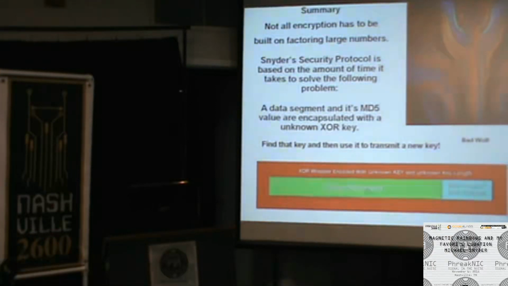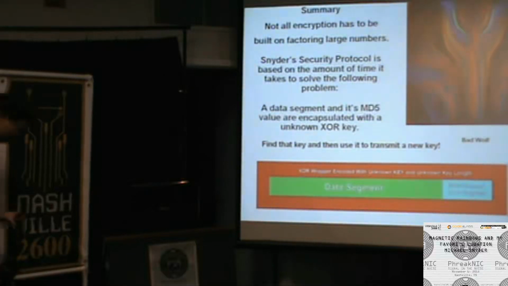I have an MD5 value, which is a message digest value, which is calculated from the data segment. And then I encapsulate both with an unknown XOR key. And then the client has to find that XOR key. And by finding that key, then it gives it a moment of security where it can transmit a new key to the server, and then the process repeats.